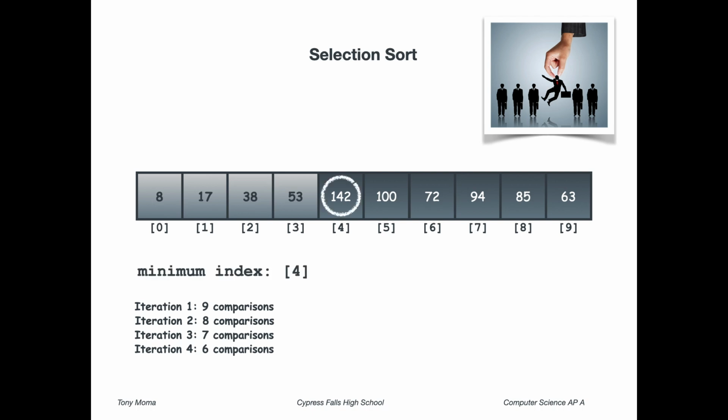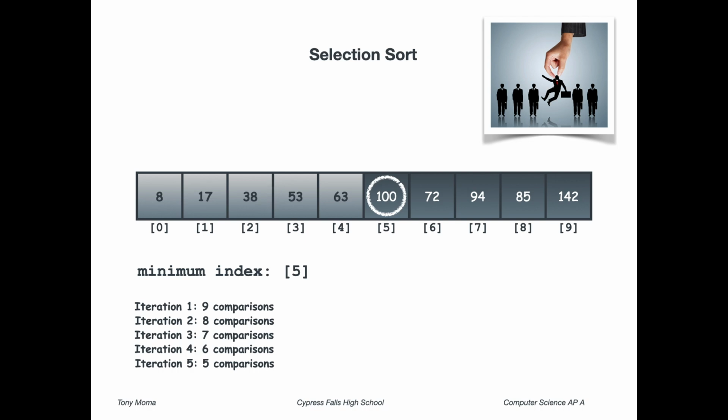Next iteration. Index 4 set as the minimum, 100 smaller, 72 smaller, 94 larger, 85 larger, 63 smaller. So we swap index 9 with index 4. And during that iteration, we performed 5 comparisons.